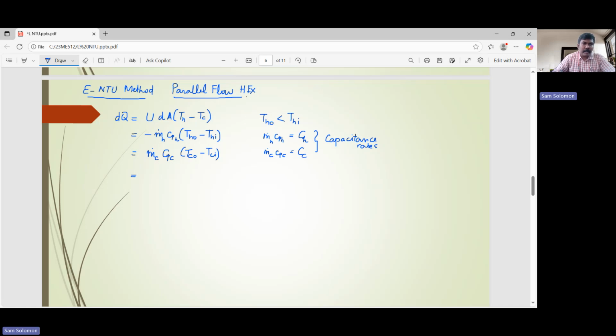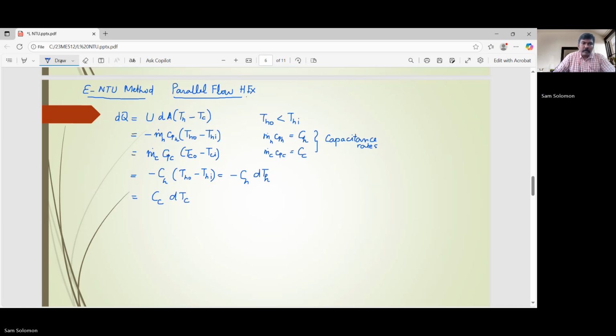So the equation can be written as minus CH times (THO minus THI), or I can write this as minus CH times dTH, that is the change in the temperature of the hot fluid, or I can also write this as CC times dTC.